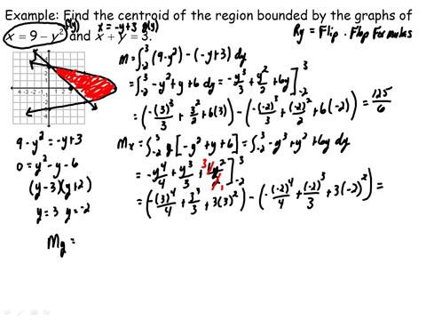Now m sub y is going to be the 1/2 formula. So we're going to integrate, and you can move the 1/2 out now or later, it doesn't matter. Boundaries are not going to change.